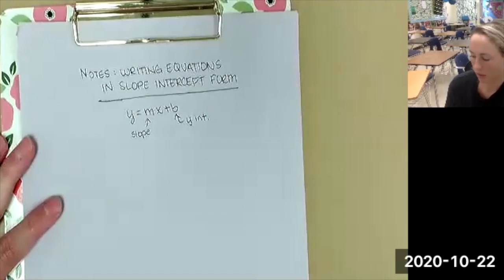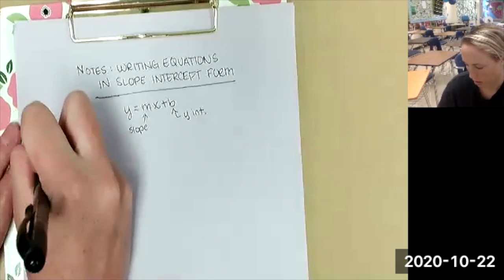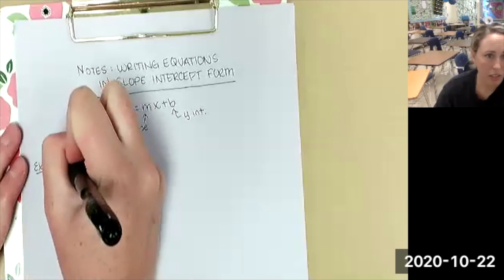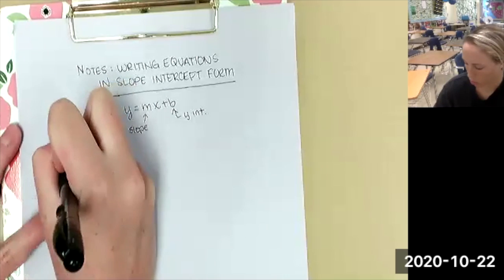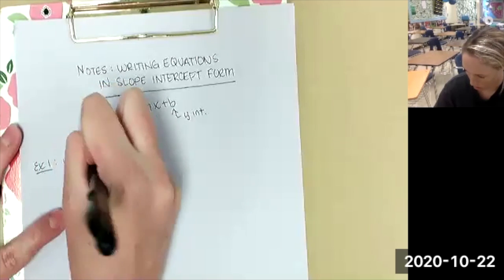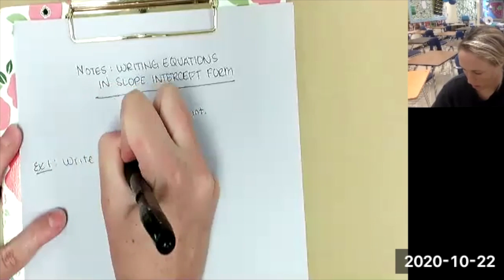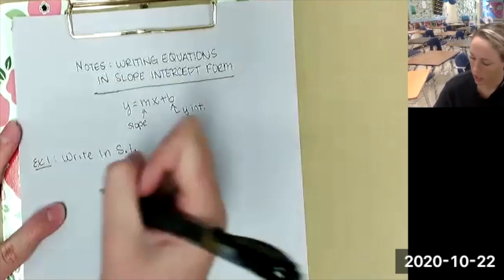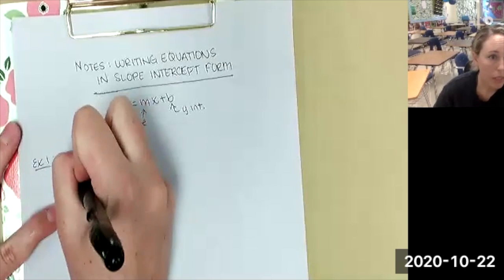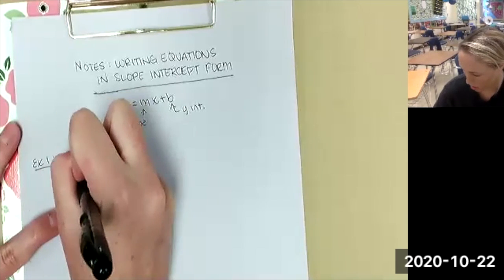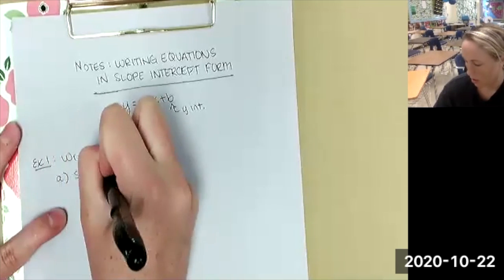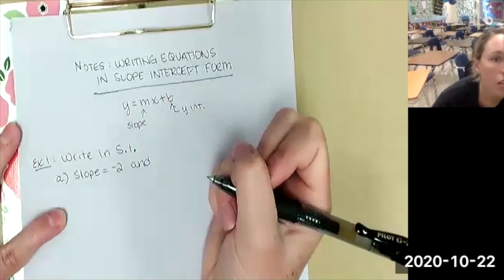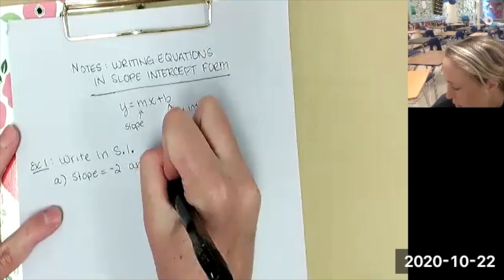So sometimes we'll be given the question, write an equation of a line in slope-intercept form. I'm just going to write SI for slope-intercept form, with slope equal to -2 and y-intercept 5.